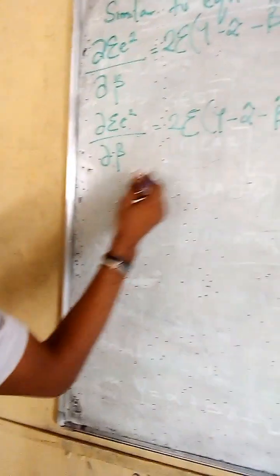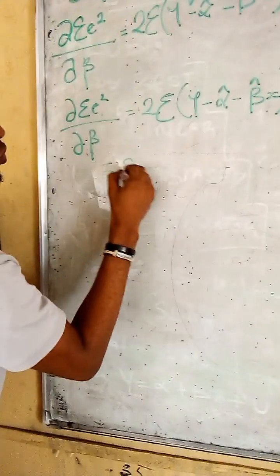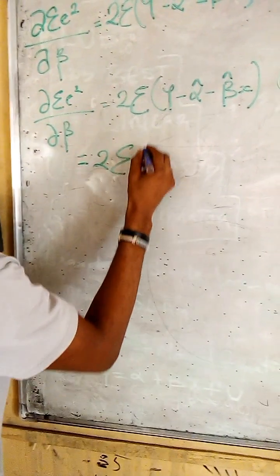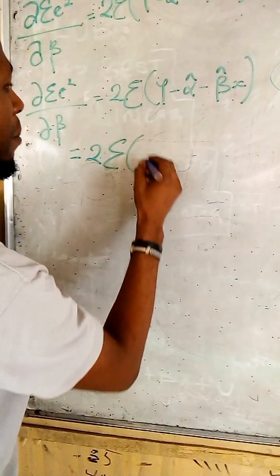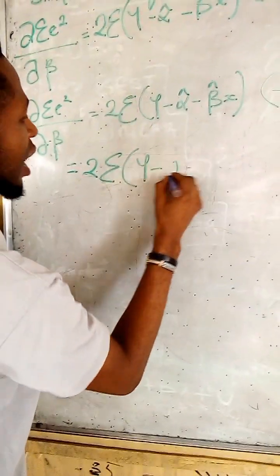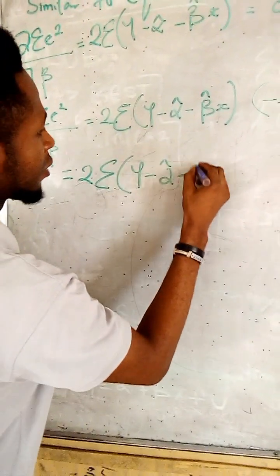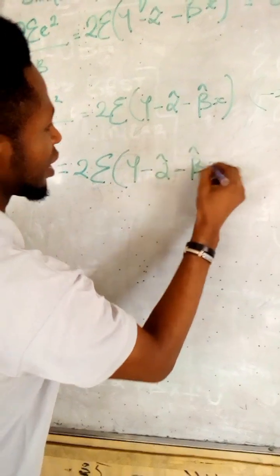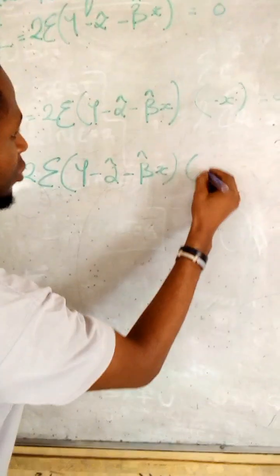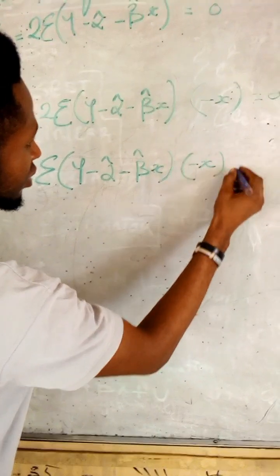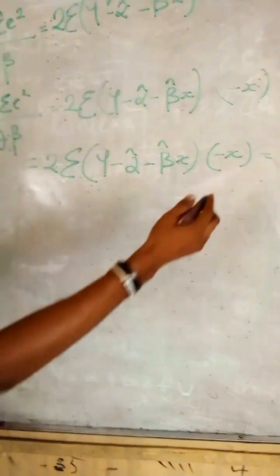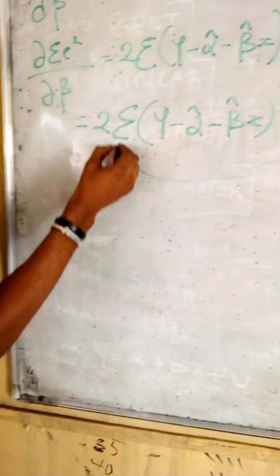The next thing we have is 2 summation bracket y minus alpha cap minus beta cap x bracket, times minus x, equals 0. Now you use this to multiply this.